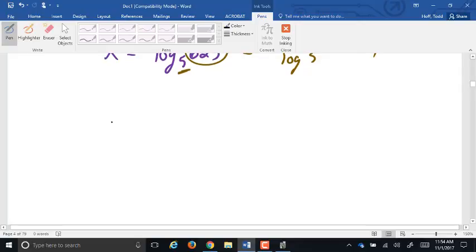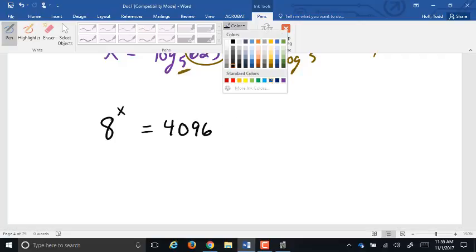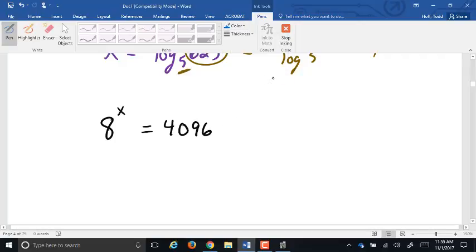So how would we do, let's say I have 8 to the power of x equals 4,096. How am I going to solve this? Well, first of all, do I need a root or a log?